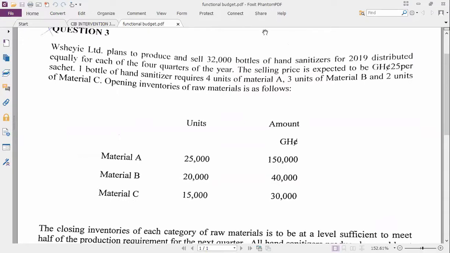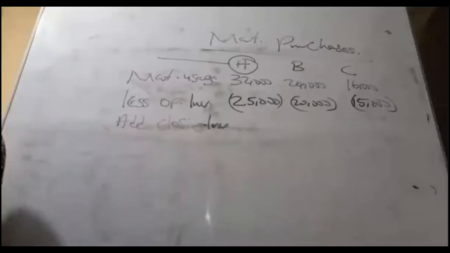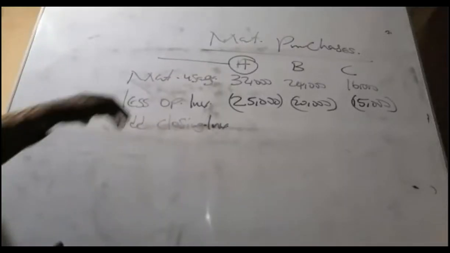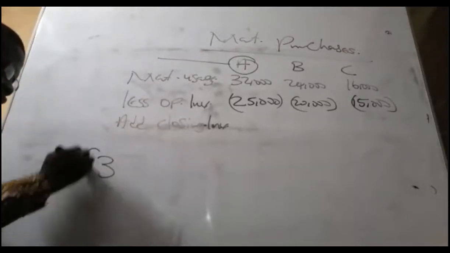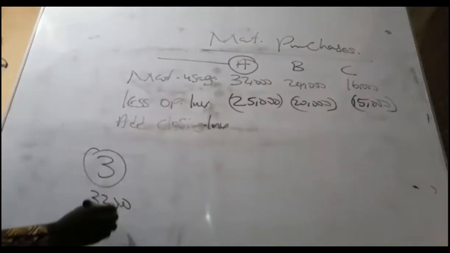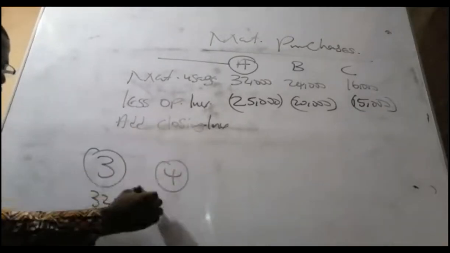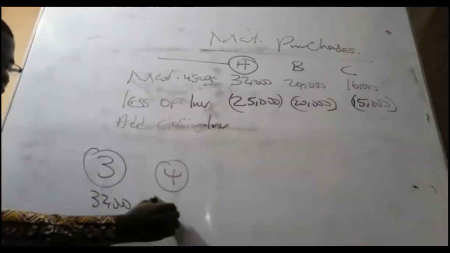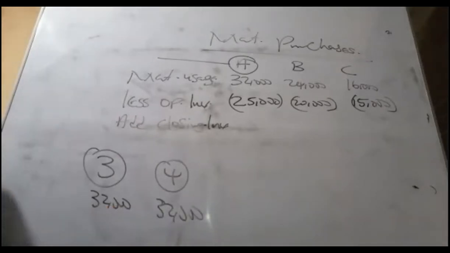Now let's go to the board and analyze this. If quarter 3 they need 32,000 for material A, quarter 4 they also need still 32,000. Why? Still the same, because they say constant uniformly.